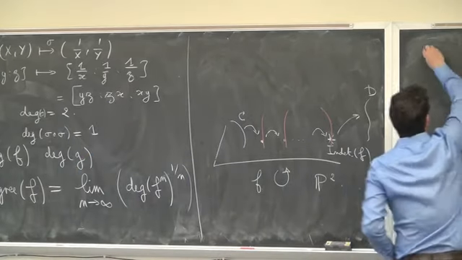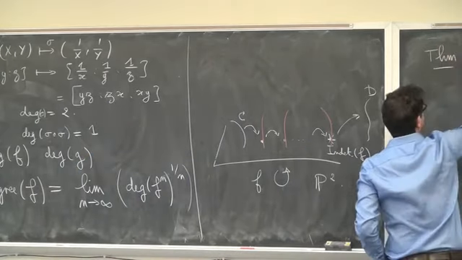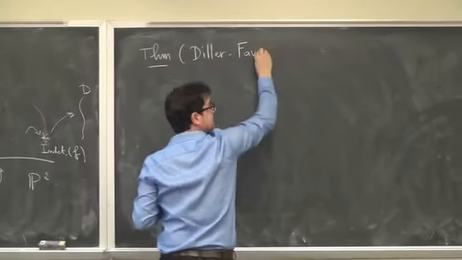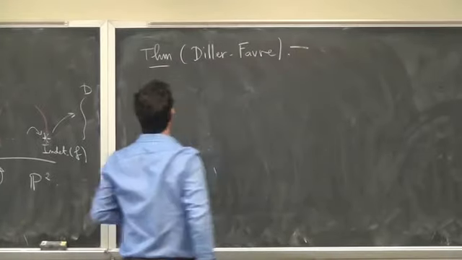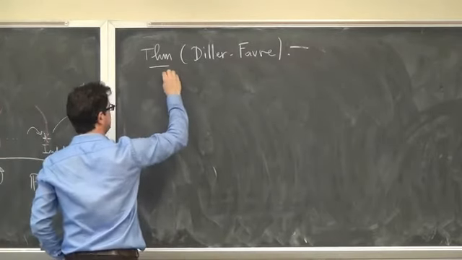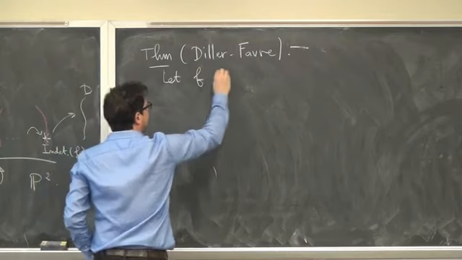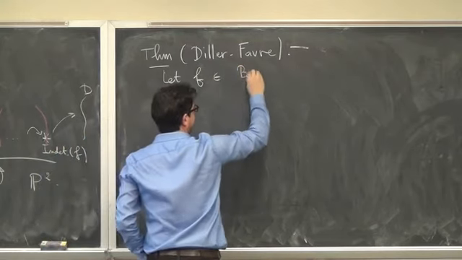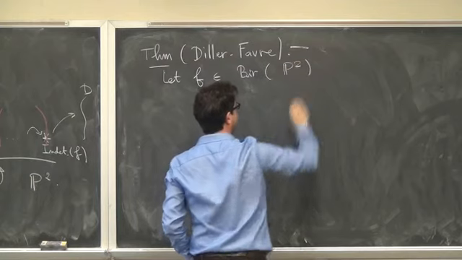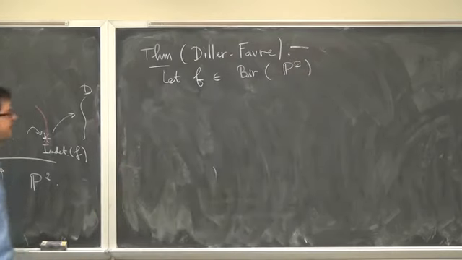So this is due to this remark, and the precise quote is due to Diller and Favre. And the statement is the following. Let F be a birational transformation of the plane. It's better to work with P2 instead of the affine plane.